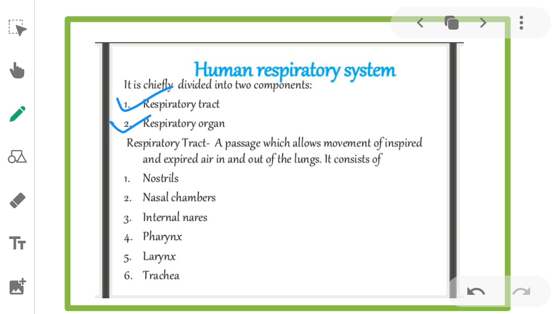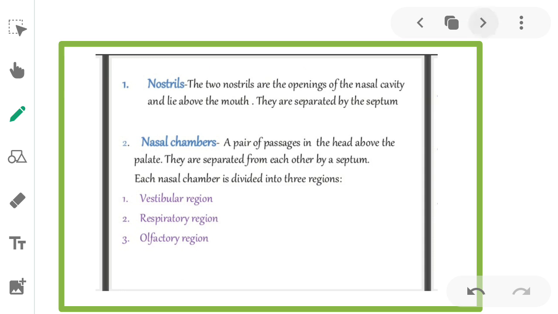Here the respiratory tract consists of the following parts: nostrils, nasal chambers, internal nares, pharynx, larynx, trachea. Now we'll study these different parts of the respiratory tract.